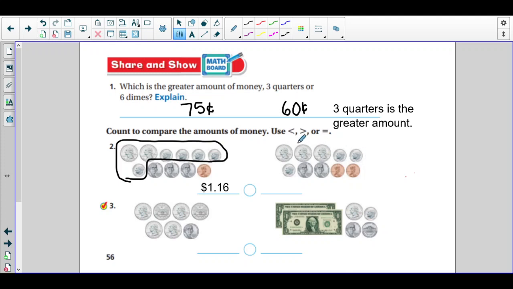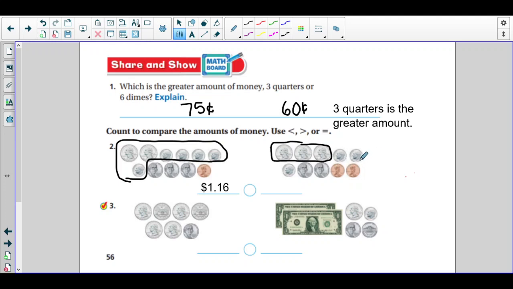You know what I'm going to do? I am going to find a way to make another quarter. Is that possible? So right here, I've got 75 cents. Is there a way that I can make another quarter so I have an even dollar? And the answer to that is yes, I can.